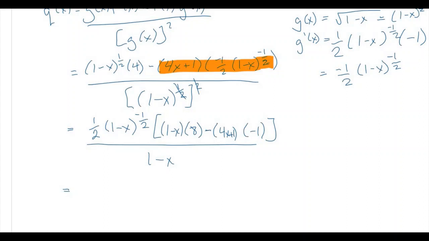So let's start by taking that 1/2, and we're going to move it down to the denominator. So that becomes the 1/2 at the very beginning. It's going to become a 2.